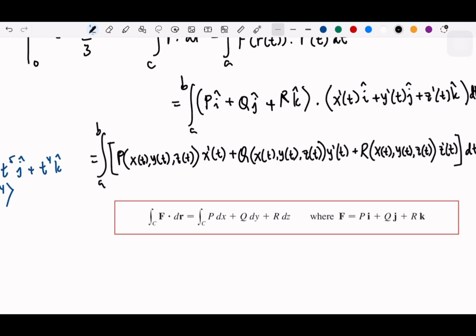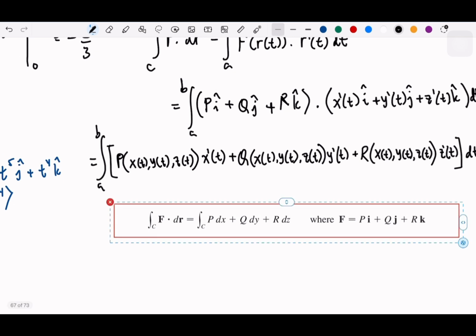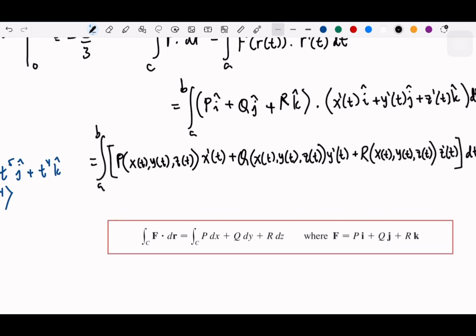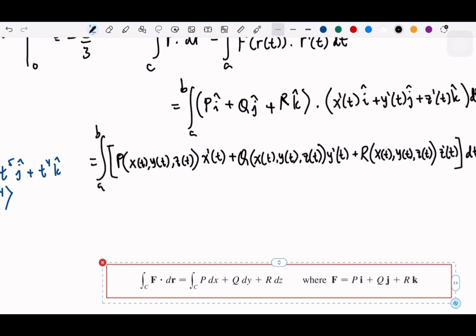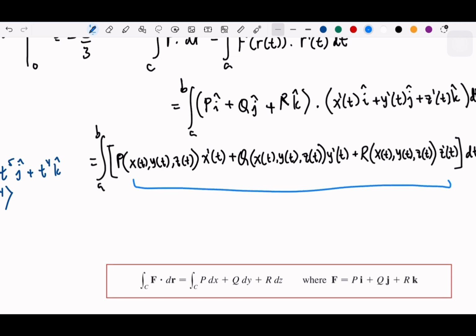So this last integral is precisely the line integral that we have before. Oh, I think I haven't written this. Let me write here, just a note. I forgot to write this for you. This is basically the line integral in space.